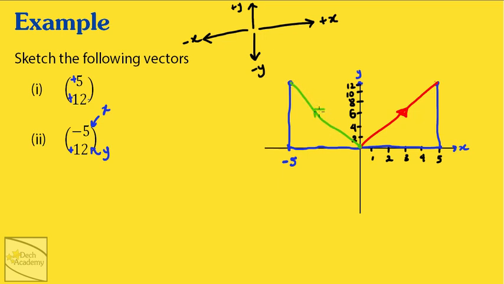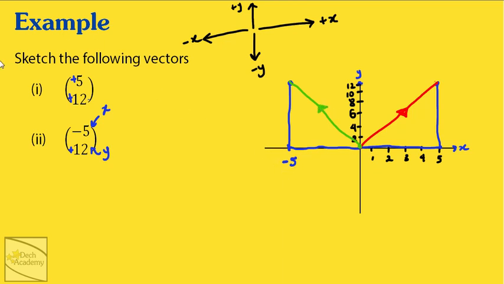Of course, this should be a straight line but this is a rough sketch. So the second vector is represented by the green line. I'll try to do a better job with the line. So that's a vector, and that's the arrow showing the direction.